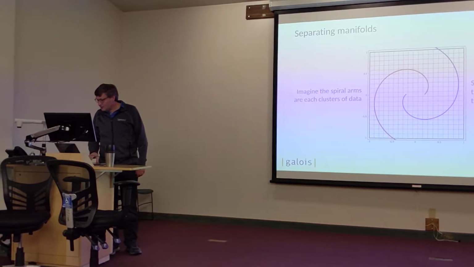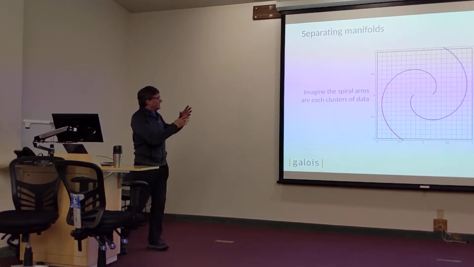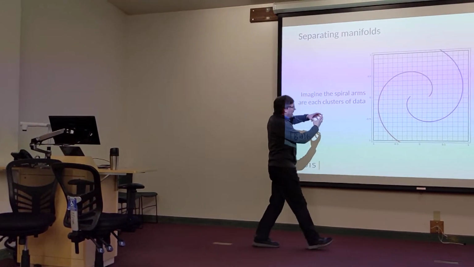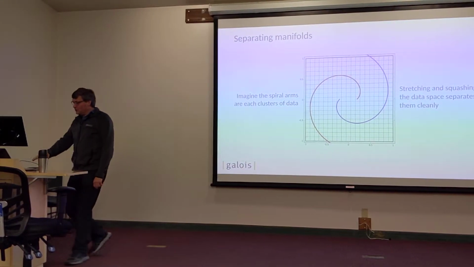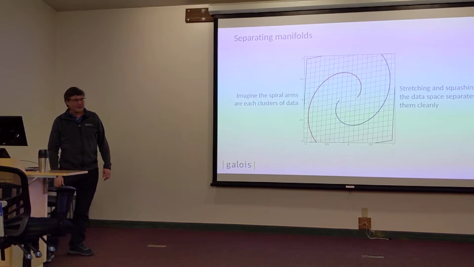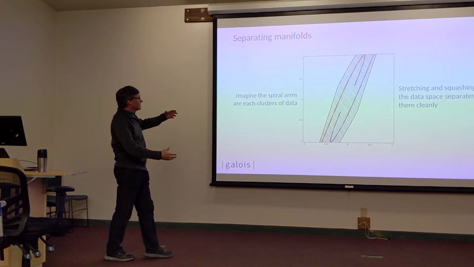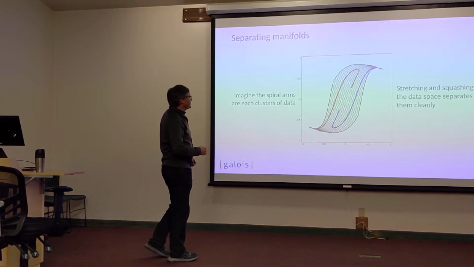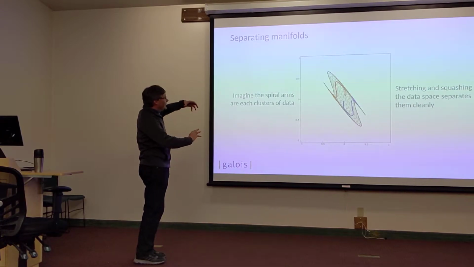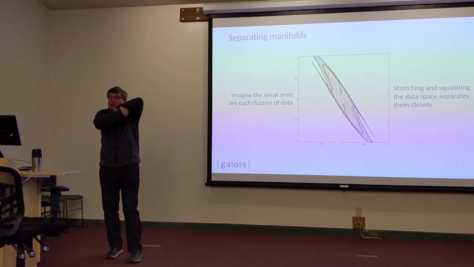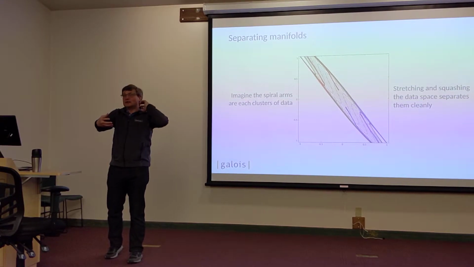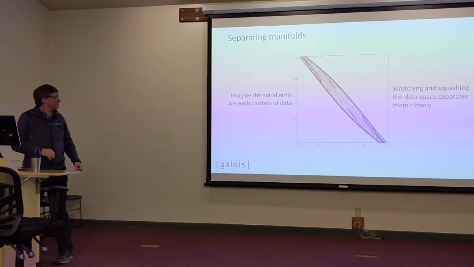So it turns out that what we can do is take the data space itself and start stretching it and squashing it. If we do it in a particular way, as we stretch and squash it, we start to discover that we could do it in a way that actually teases those curves that used to be interwound and then no longer interwound, that they're separated.